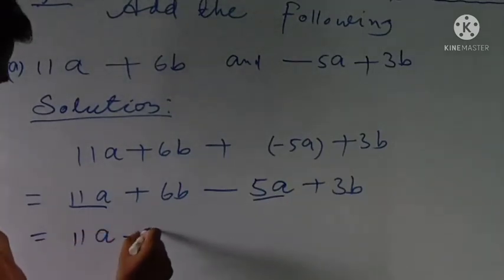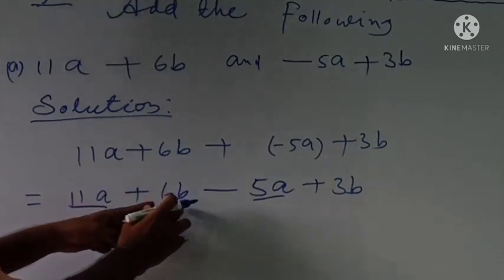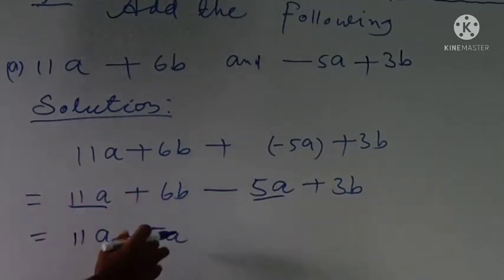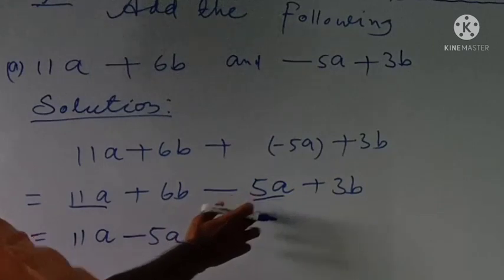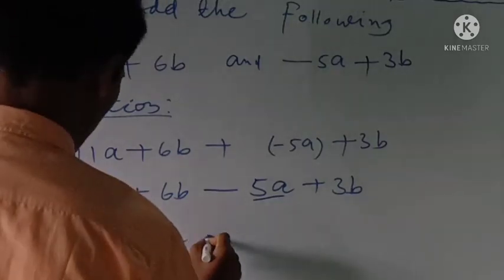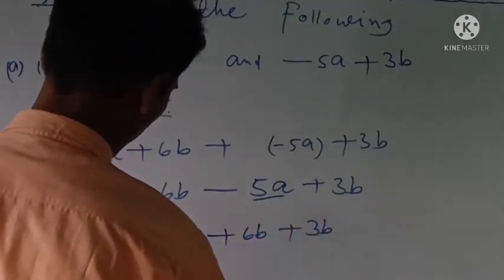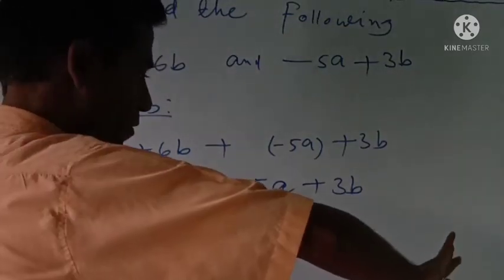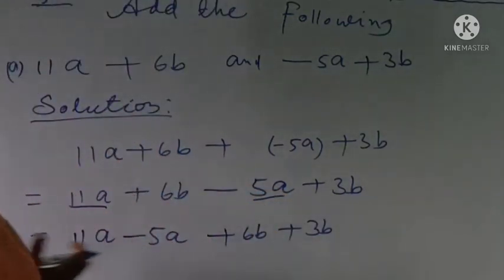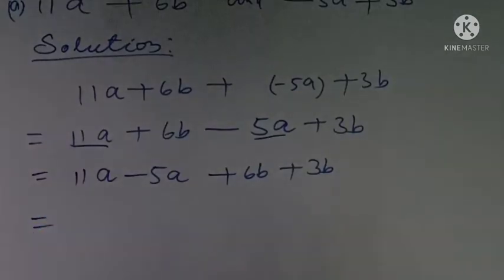11a minus 5a. See, after 11a what was there? 6b, but now instead of writing 6b we have written 5a. That means we have brought the like terms together. Now here see, plus 6b and plus 3b. Like terms, b together on one side and a together on one side. Now next is very simple.